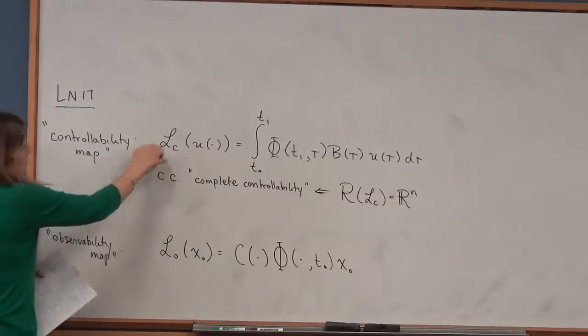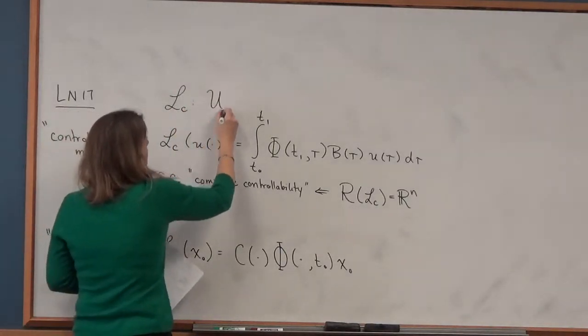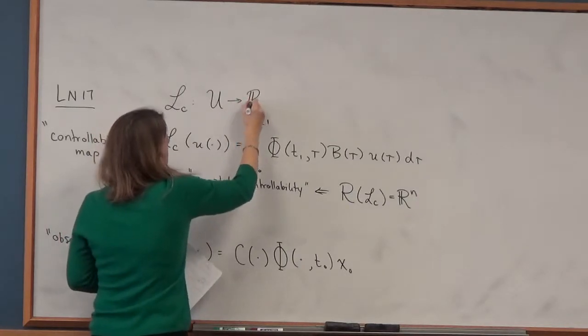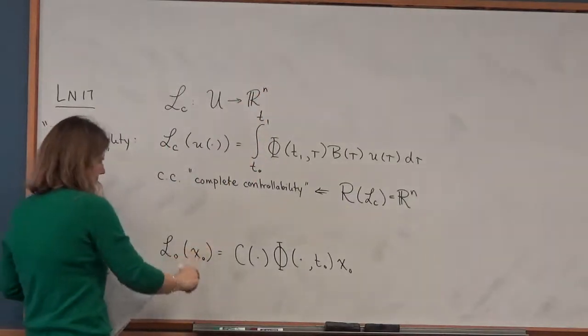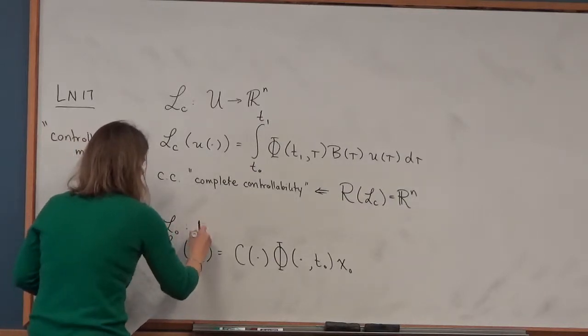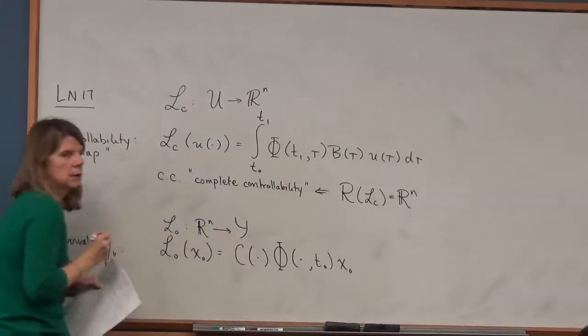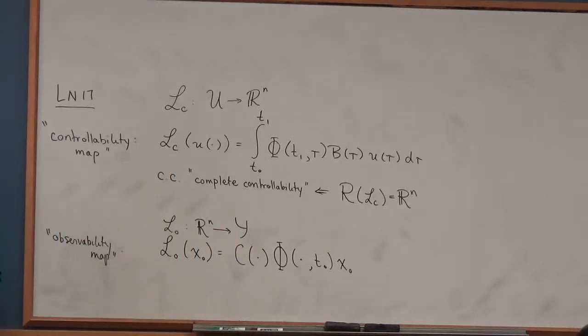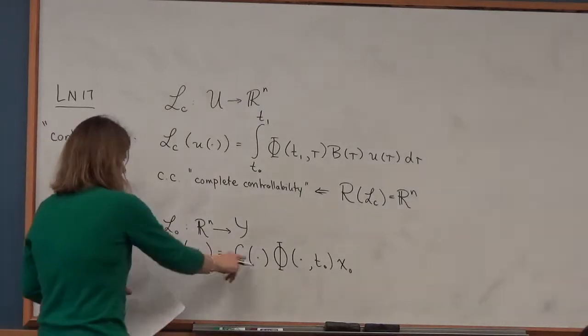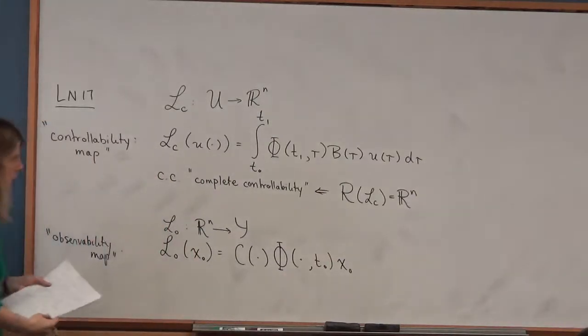Okay, so whereas LC is a map that takes input functions to the state space Rn, LO is a map which takes Rn in the form of the initial state to output functions over the interval t0 to t1. Okay, and that just is that component which really involves the initial state.